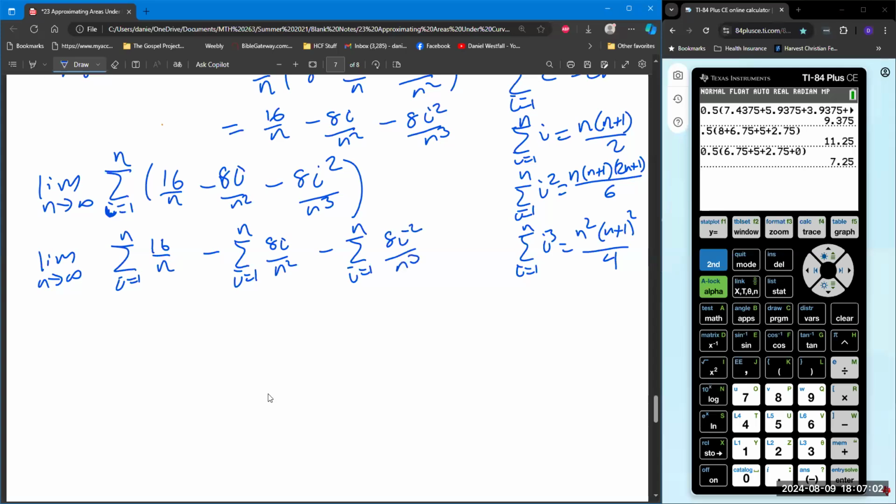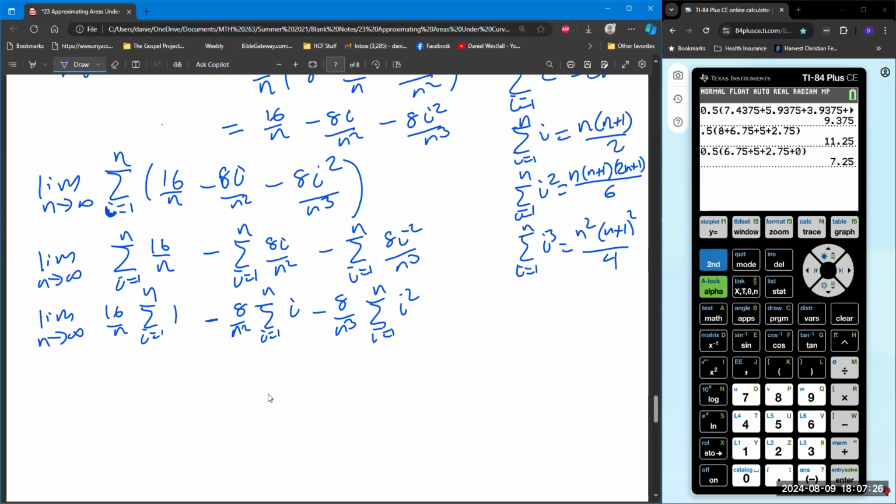So right now, this is the limit as n goes to infinity of 16 over n, sum of i equals 1 to n of 1, minus 8 over n squared, sum of i equals 1 to n of i, minus 8 over n cubed, sum of i equals 1 to n of i squared.